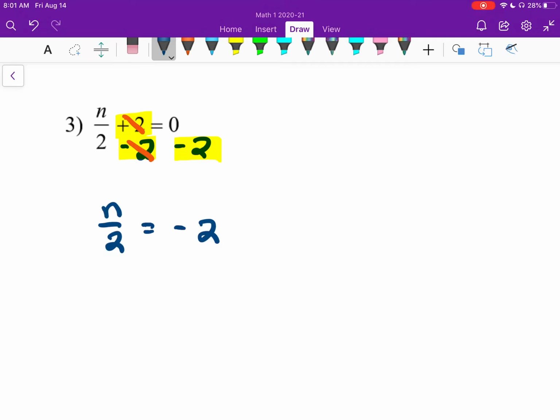Now, I'm going to multiply by 2 on both sides, because I want to cancel out the denominator. So now I've got my n all by itself, and I've got -2 times 2 gives me -4.